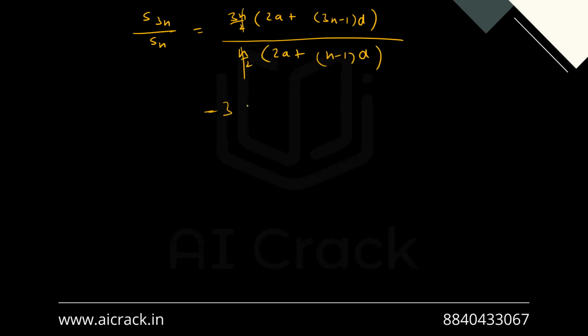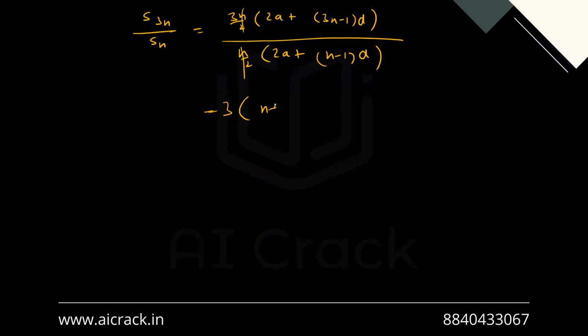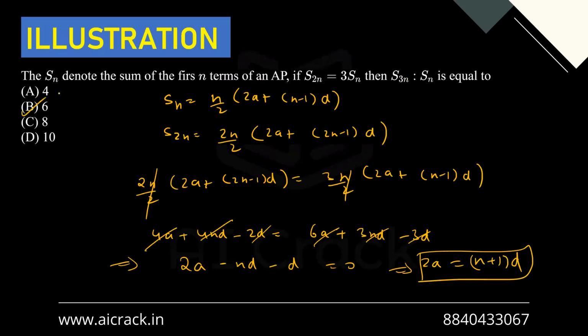So it becomes 3 times, I can replace 2a with n plus 1 d: n plus 1 d plus 3n minus 1 d divided by n plus 1 d plus n minus 1 d. I can see that the 1 gets cancelled out and d is also getting cancelled out. It becomes 3 times 4n divided by 2n. So 6 is the correct answer. B is the correct answer.